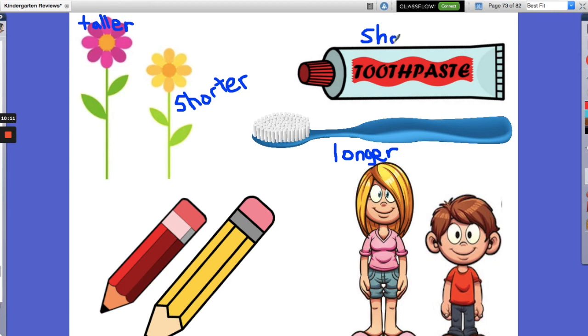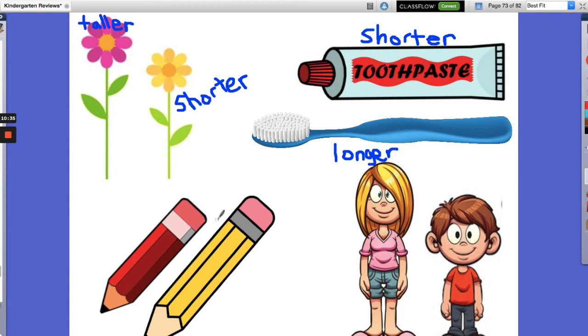So if we're comparing length and we're comparing heights of objects, we always use the word shorter to describe the smaller object. So let's look at these two pencils. All right, again, they're kind of side by side. They're kind of at an angle, but we can still compare them the same as we did with the toothbrush and the toothpaste.